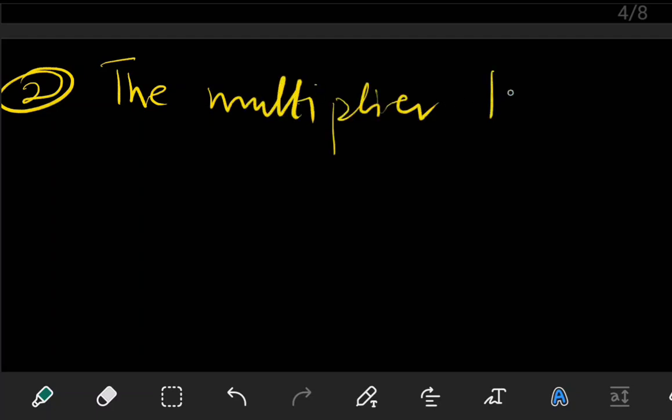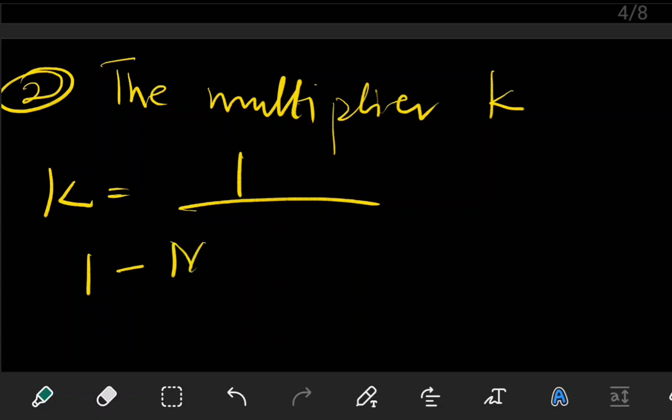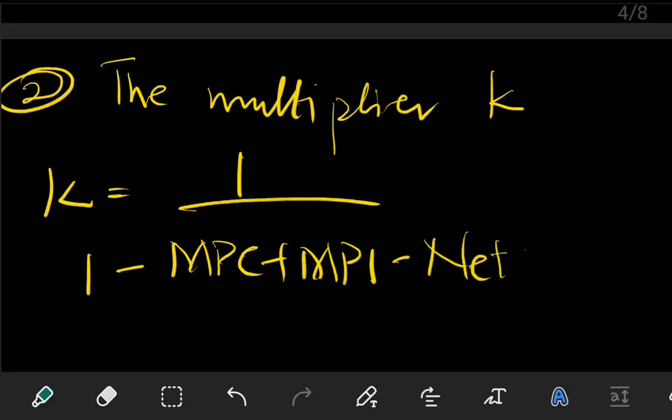Question 2 says we should find the multiplier K. We can say that K will be equal to 1 over 1 minus MPC plus MPI minus the net tax rate.